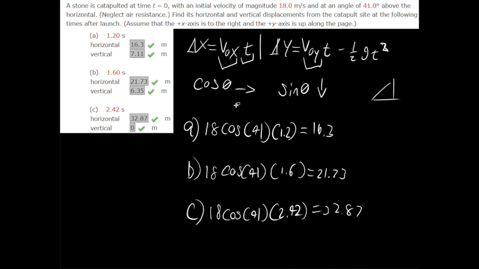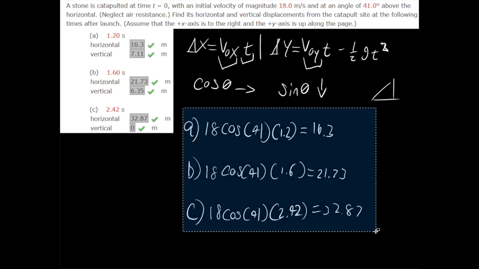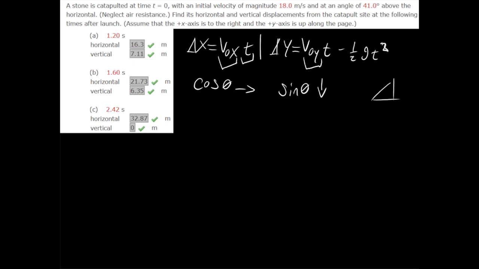Now let's do the same thing with our y. So, with our y, or vertical, we can make note of that really quick. That horizontal is x and vertical is y.